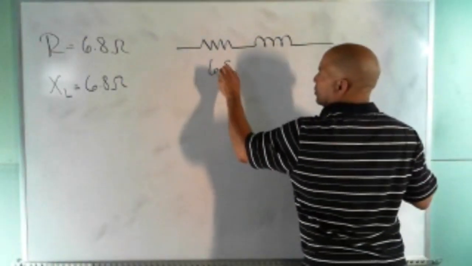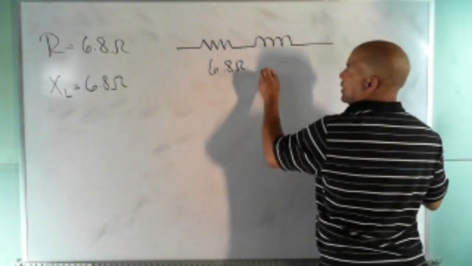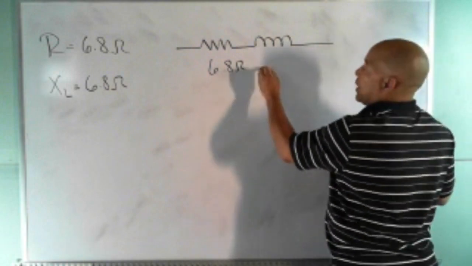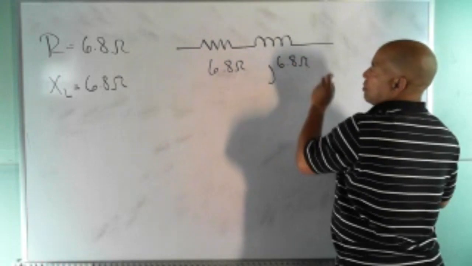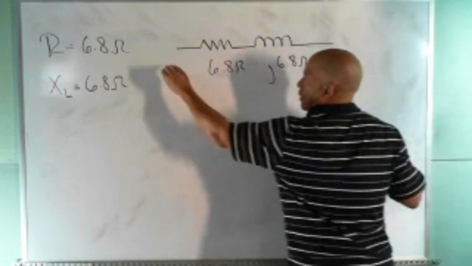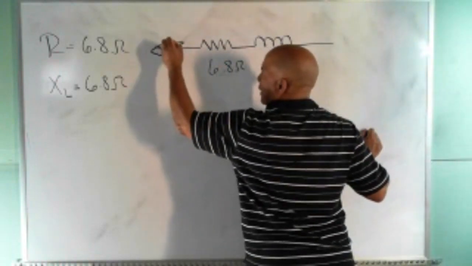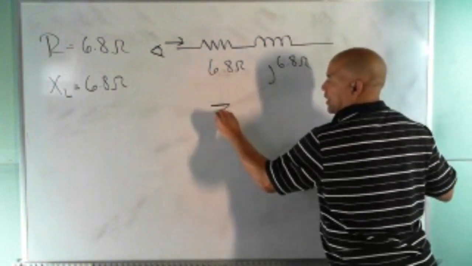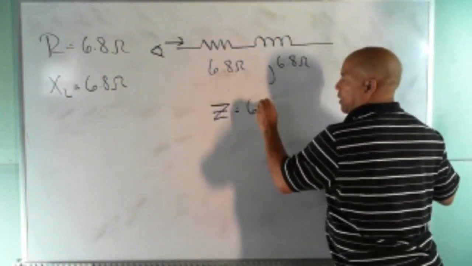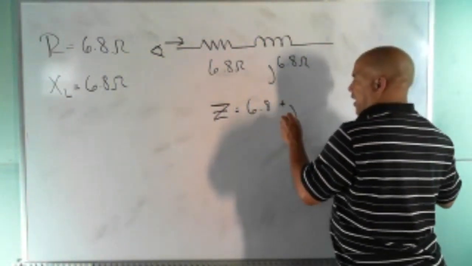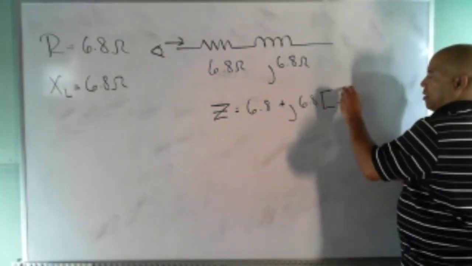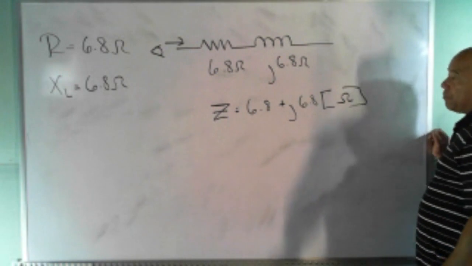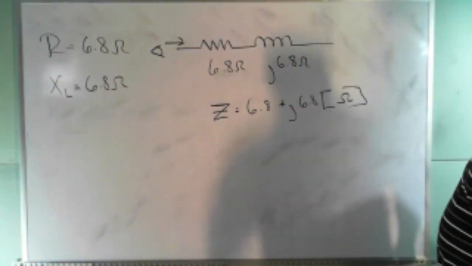It's 6.8 ohms, and now you have to supply the j operator. This is a plus j 6.8 ohms. So Z, here's my eyeball looking in there. The impedance I would see is Z equals 6.8 plus j 6.8 ohms. So there it is in rectangular form.